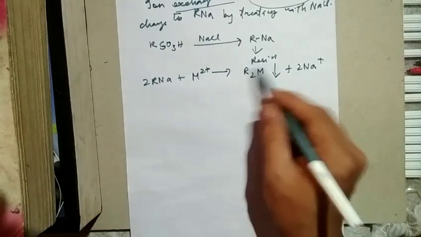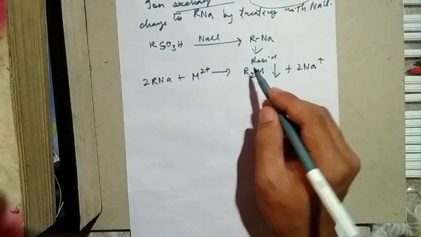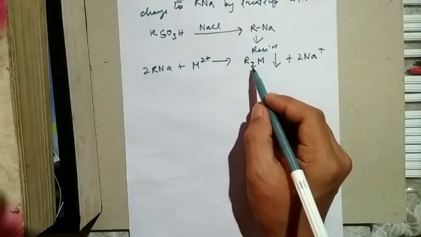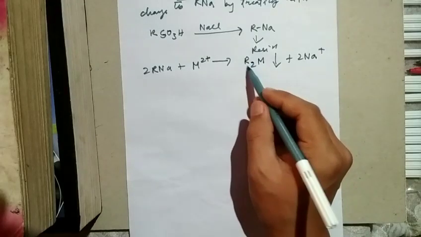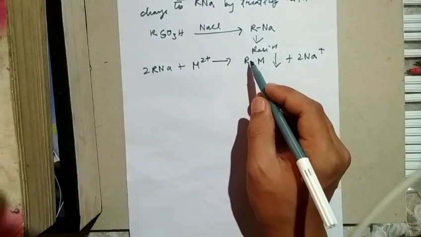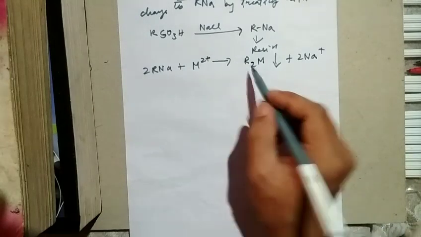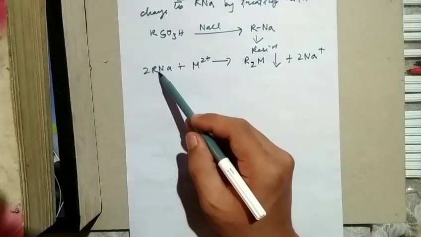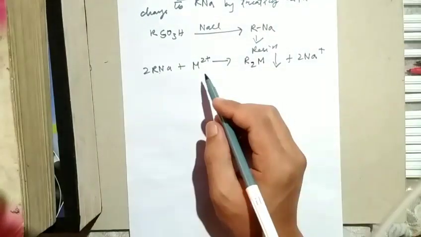So we get an insoluble product which can be removed. Again this can be treated with NaCl and we can get back the RNa again.